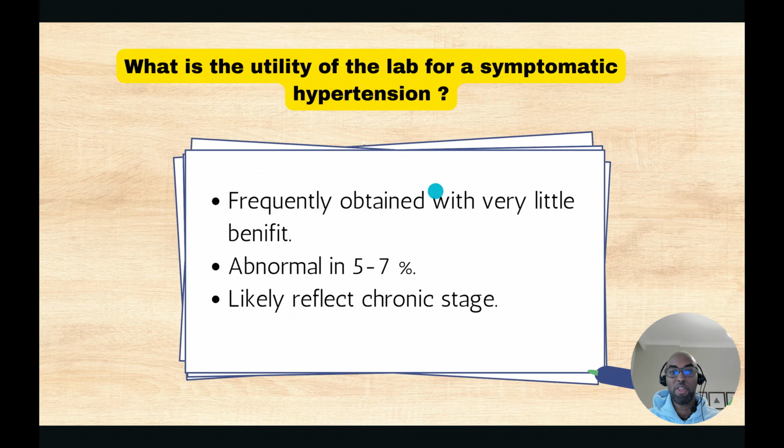And the other question came about the utility of the lab tests for the asymptomatic hypertension. They did a study and they found that when doctors started to request blood tests for those patients, only 5 to 7% came back positive or abnormal. Most of the tests were negative, and they only reflect the chronic stage of high blood pressure. So the answer is there is no benefit to request a lot of tests.